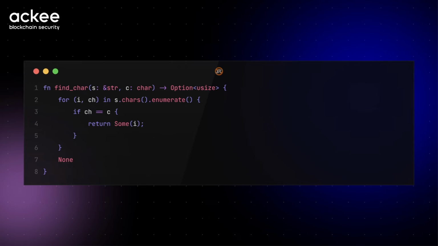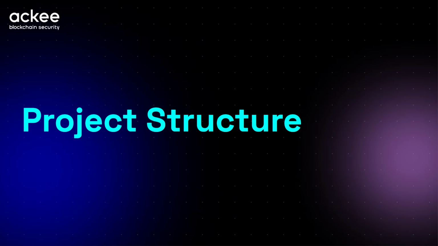So that's all from the error handling, as I was talking about two possible options, which are Result and Option. And now we can move to the project structure.